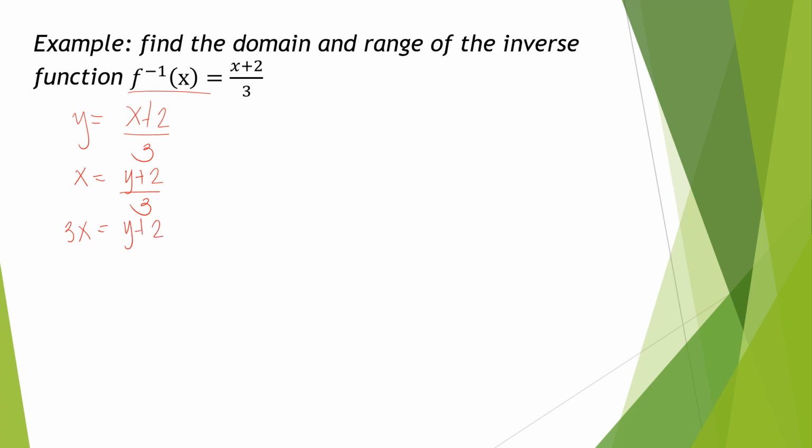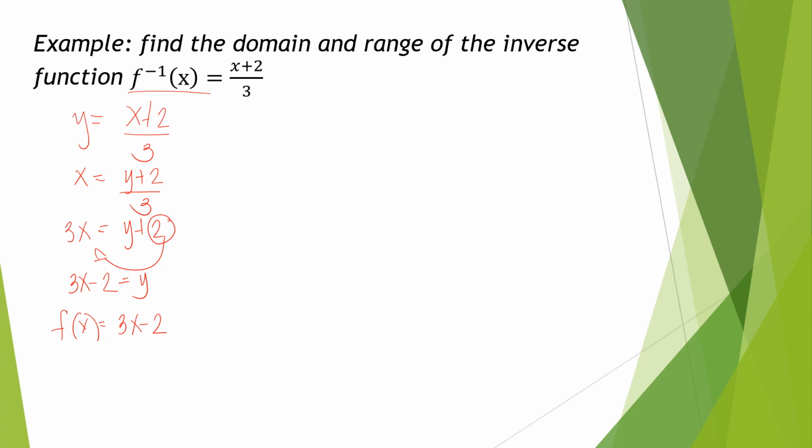Then we get the value of y. So we transpose 2 to the other side. That will become 3x minus 2 is equal to y. Therefore, the original f of x is equal to 3x minus 2.